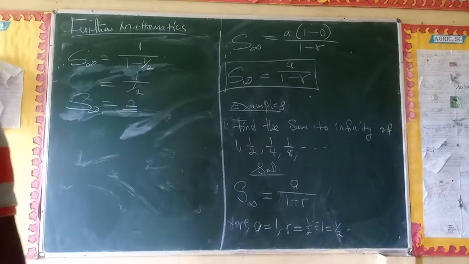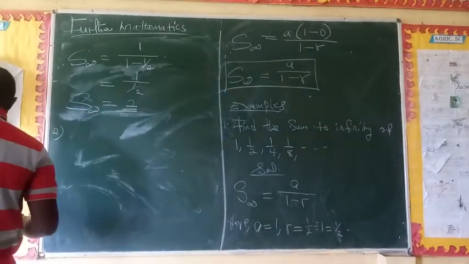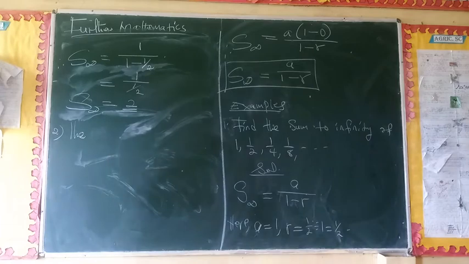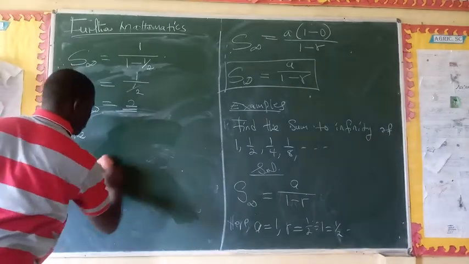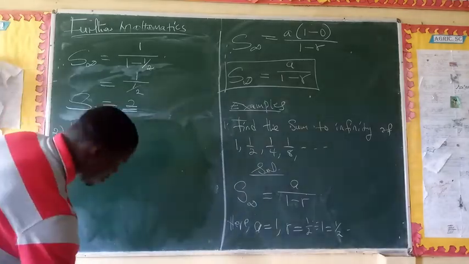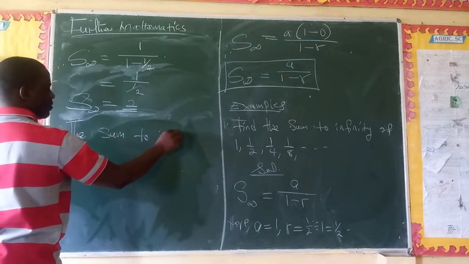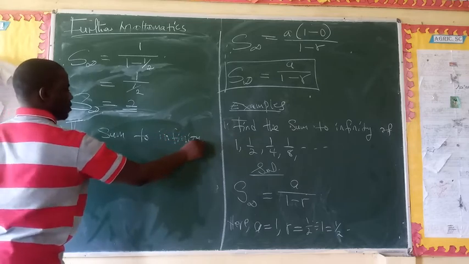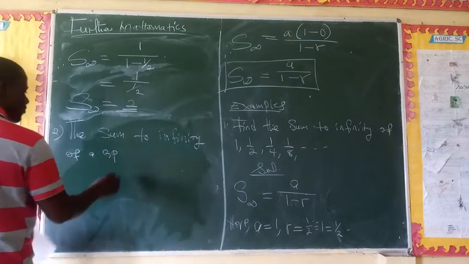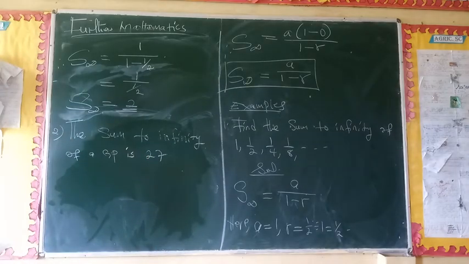So, let's take another question quickly. Question number 2 says: the sum to infinity of a GP is 27.